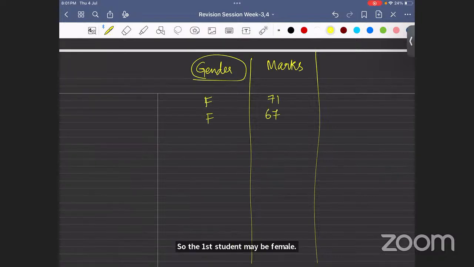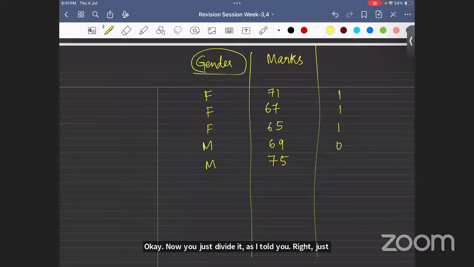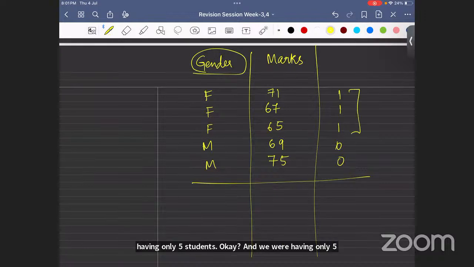Female, 67 marks she got. 65 she got. And then similarly male, you got 69 and 75. Now you just divide it as I told you, right? You put female as 1, 1, 1, and male as 0, 0. So we were having only 5 students. You just divided the whole data set so this will be your y1 and this is your y0.